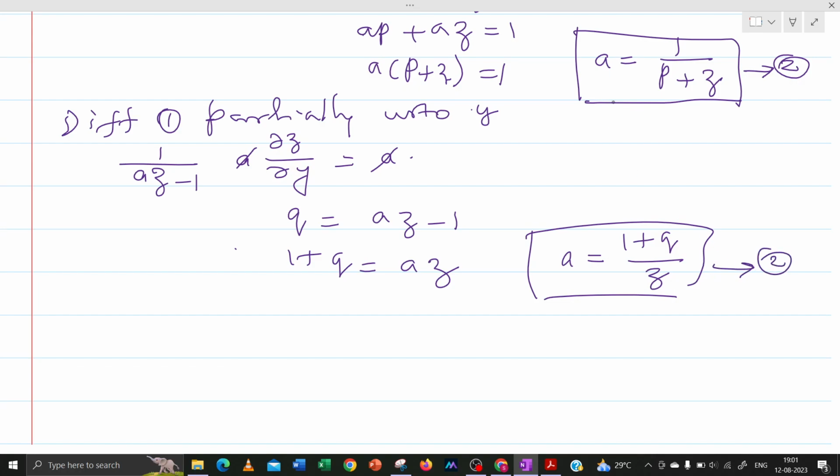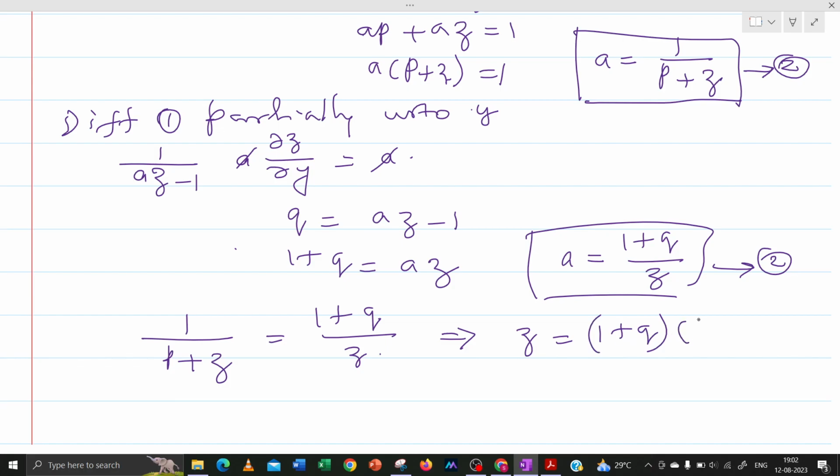You can see that in equation number 2 and 3, the left hand side is a. Therefore, both of them are a, equating both a here: 1 by (p plus z) equal to (1 plus q) by qz. So cross multiply this, you will get z equal to (1 plus q) into (p plus z).